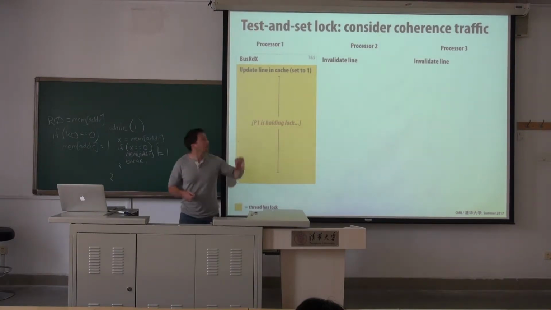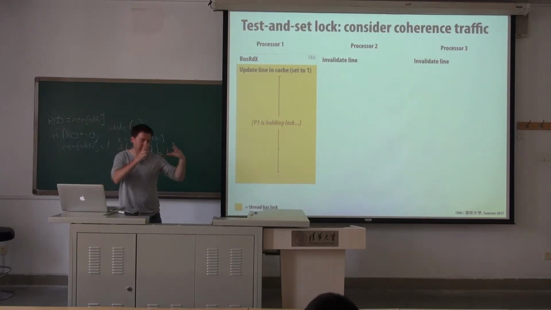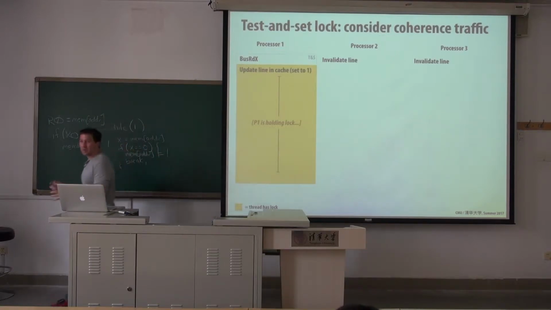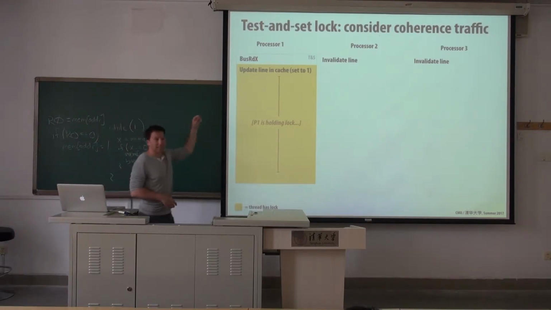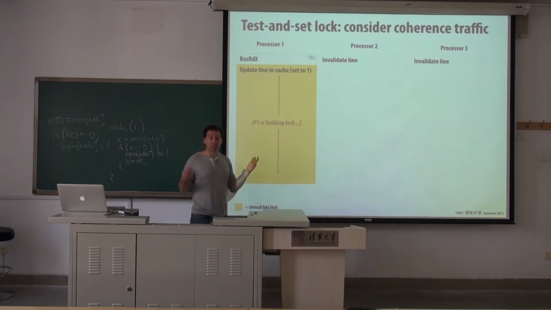So right now, processor 1 has the address in cache in the M state. All the other processors do not have the data in cache because they've invalidated. The test and set instruction runs on that address and succeeds. That means now that processor 1 has the lock.